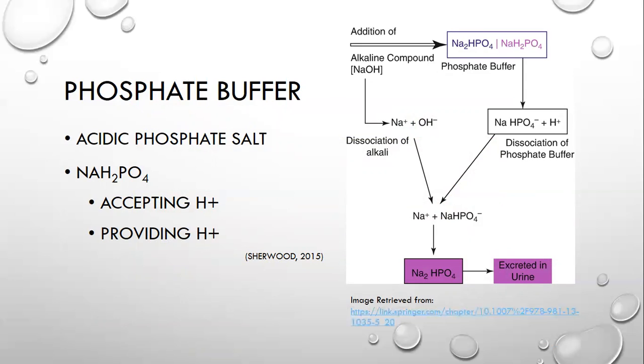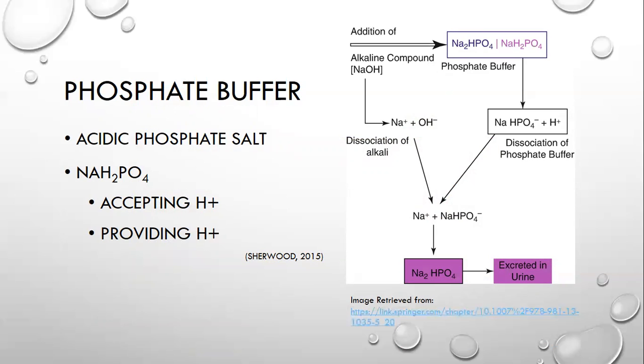So just like we've seen in all of these chemical buffer systems already. So the buffer pair is alternating the hydrogen ions and sodium ions depending on the amount of hydrogen ions present in the body fluid.